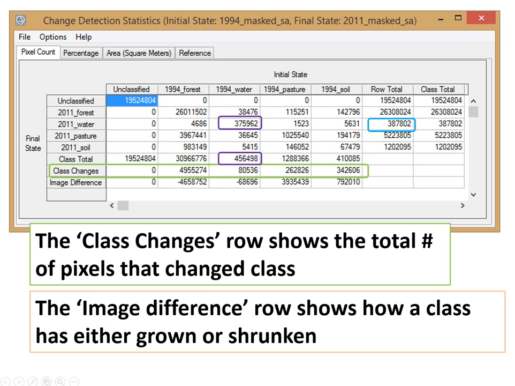In 2011, we had 387,802 water pixels. So from 1994 to 2011, we actually lost water pixels in this particular case. And the number of water pixels that we lost is signified here with this negative number down here.